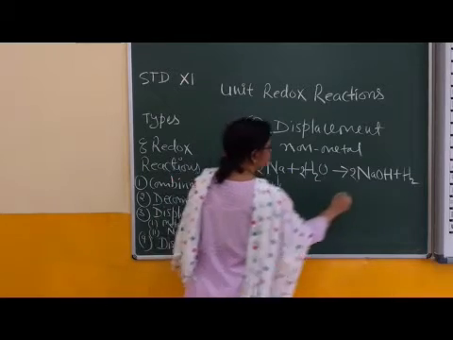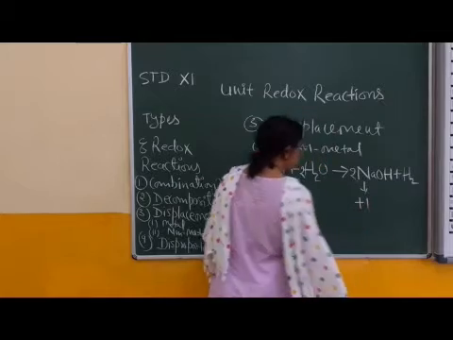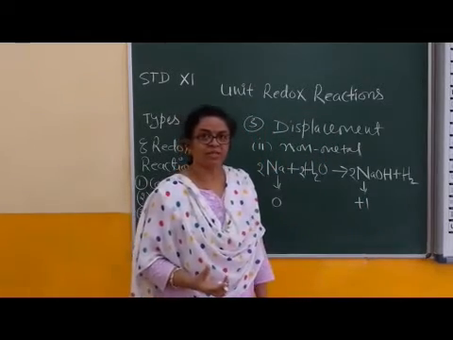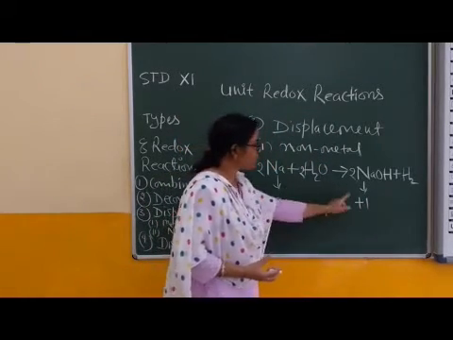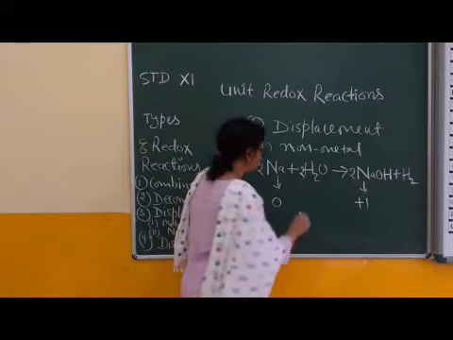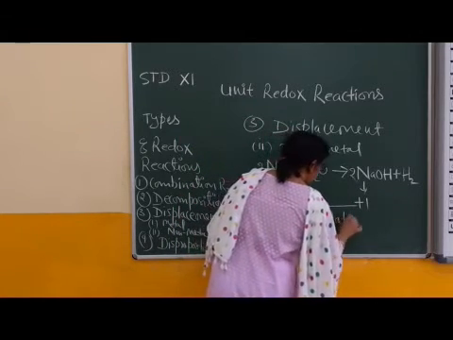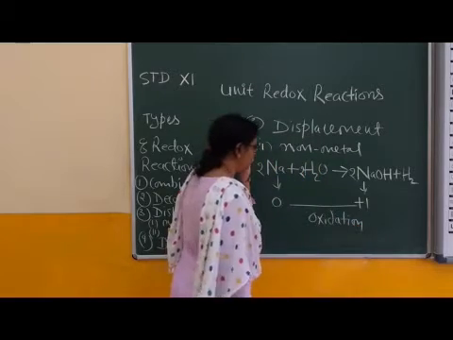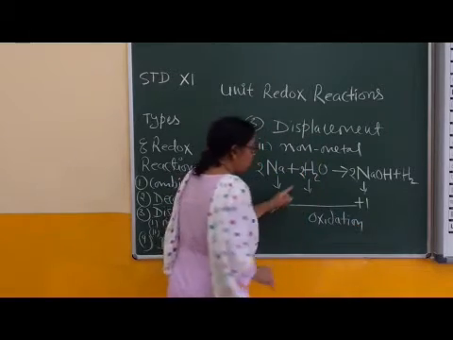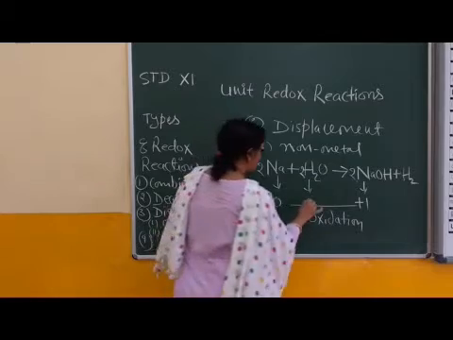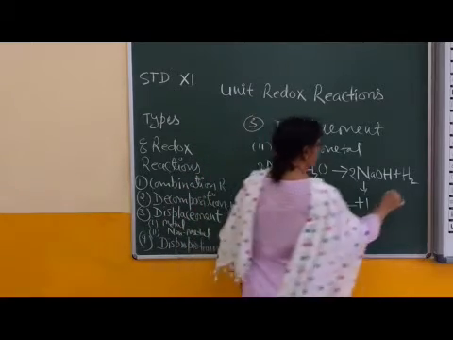Oxidation number 0. Here it is +1. Increase in oxidation number is oxidation. Sodium metal is oxidized to sodium hydroxide. This one is oxidation. And hydrogen in combined form: oxidation number of a single hydrogen is +1, from +1 to 0.